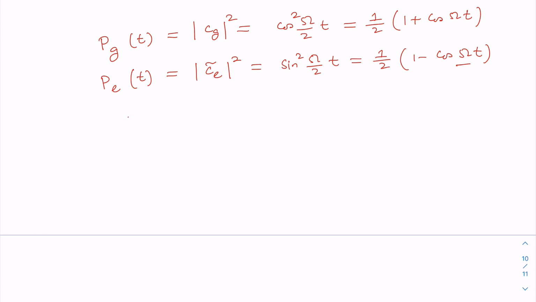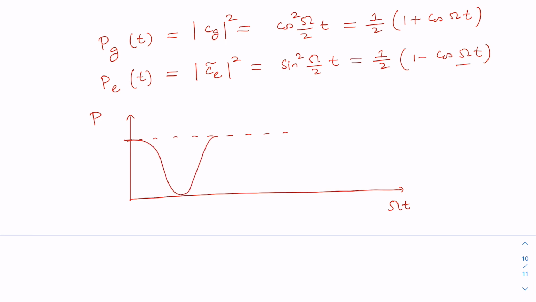We can discuss this phenomenon by a pictorial diagram. If I plot the probability versus Ωt, then initially the atom is in the ground state. So it will go from the ground state, and this ground state population will oscillate with the Rabi frequency Ω. On the other hand, the excited state will also oscillate, and it will be like this.